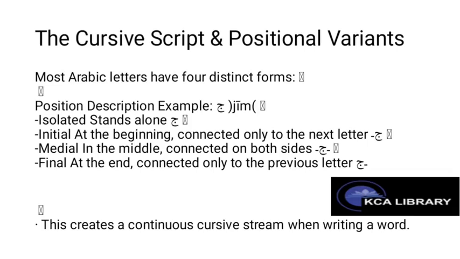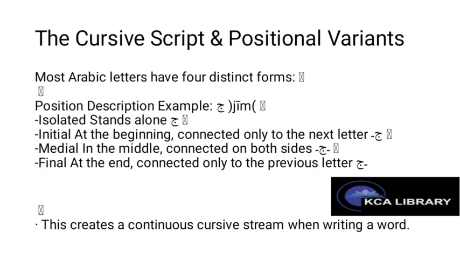We have positional variants. Most Arabic letters have four distinct forms depending on their position within a word: the isolated form, the initial form, the medial form, and the final form.